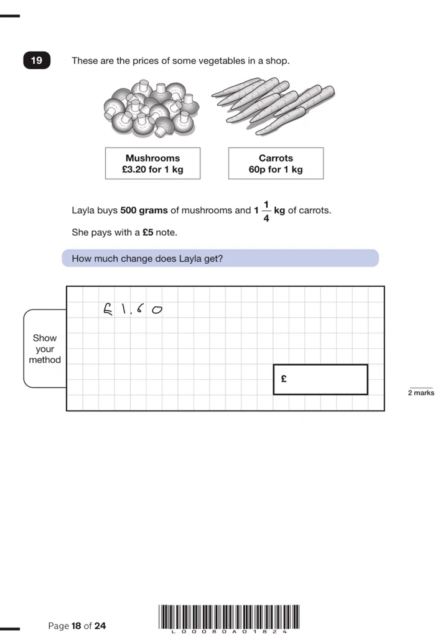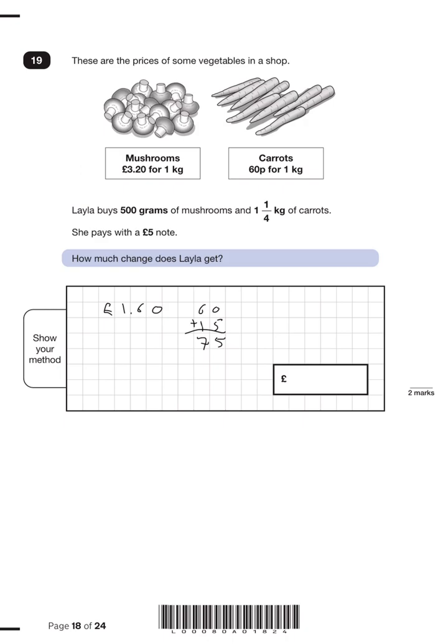Carrots, 1 1/4 kilograms of carrots. 60p makes the full kilogram. And then a quarter of 60 is 15. So if we add the two, we get 75, and that's in pence.